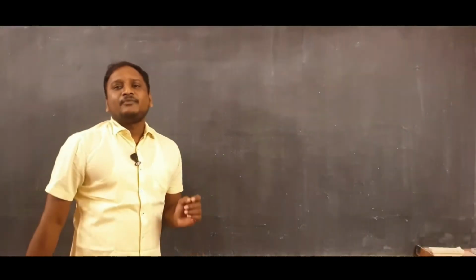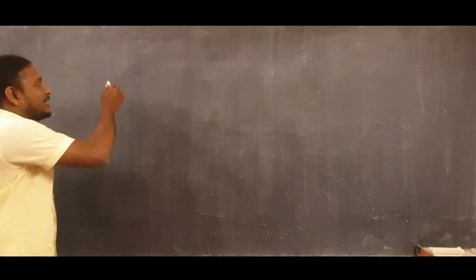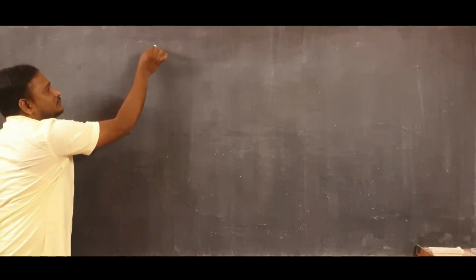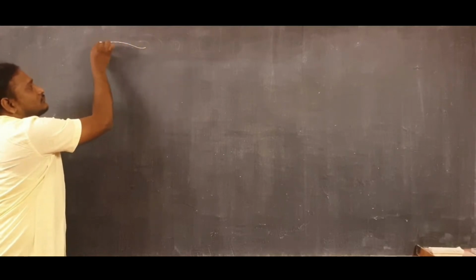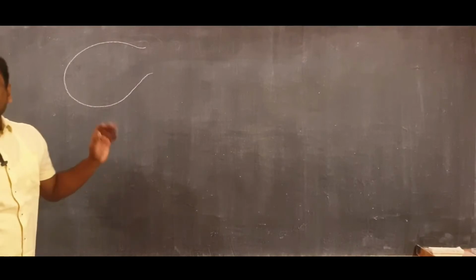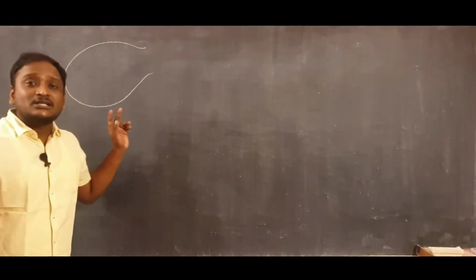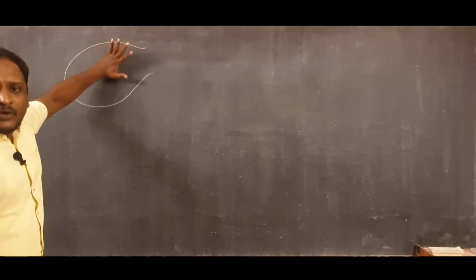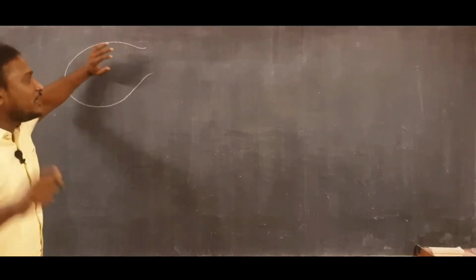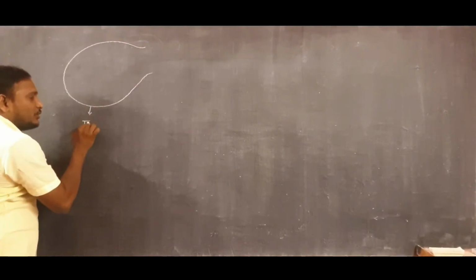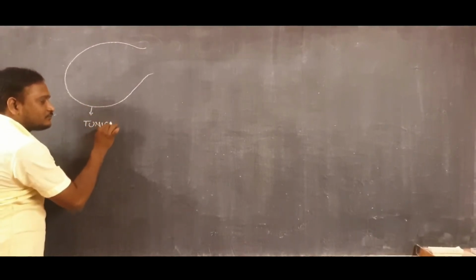When we observe the ovary, it consists of two layers. One pair of ovaries is present, which are also called the primary sex organs in the female reproductive system. Each ovary consists of two layers. One is the outer layer, which is also called the tunica albuginea.